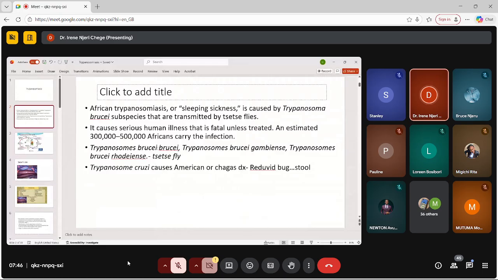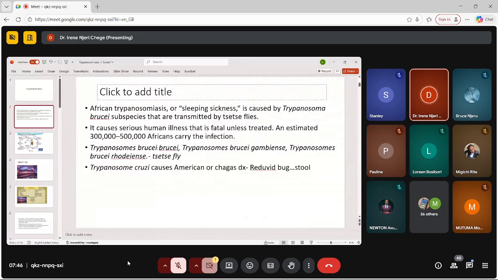So for gambiense and rhodesiense, we're talking about two hosts: the definitive host, which is human, and the intermediate host, which is the tsetse fly, or the Glossina species. If you look in the textbook.